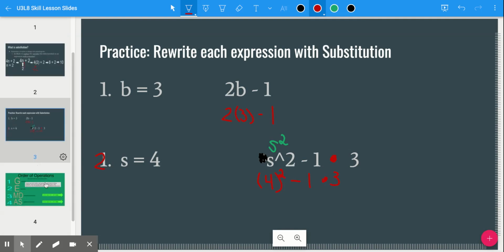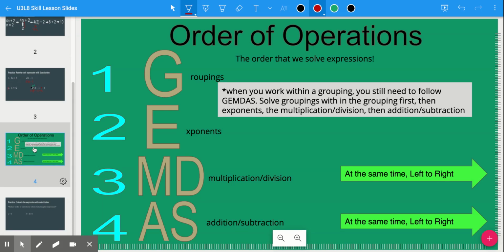Speaking of order of operations, quick review here. Remember, this is the order that we solve expressions. It goes groupings, parentheses or brackets, then exponents, which is when you see the caret, or it's raised to a power, meaning the exponent is going to show up as smaller. Then the third is multiplication and division.